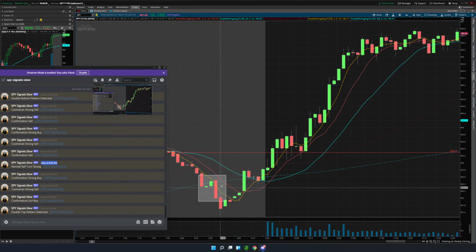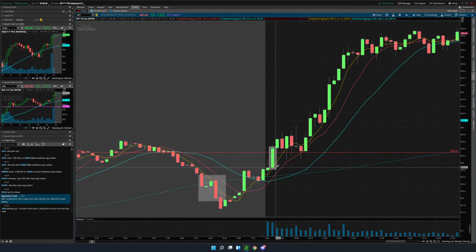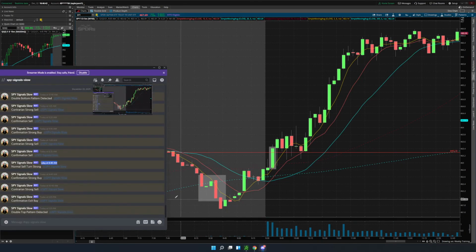And then obviously you're watching that pre-market, and it did the opposite going into the open. And then at 9:40, which would have been based on this candle, very similar to what our fast signal gave us, it gave us strong buy. So you got the signal on the fast at the same time, and then you got the slow signal also giving you a confirmation of a strong buy. That's definitely a good signal that it's a good time to enter. These contrarian, I'm still working out.